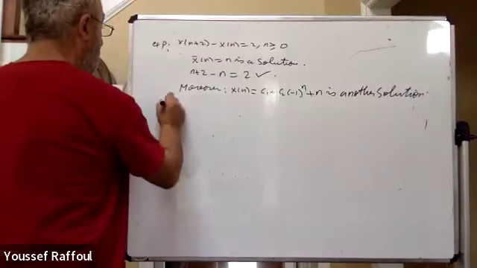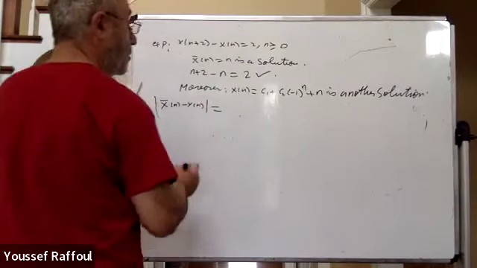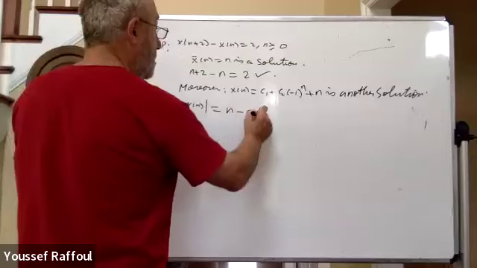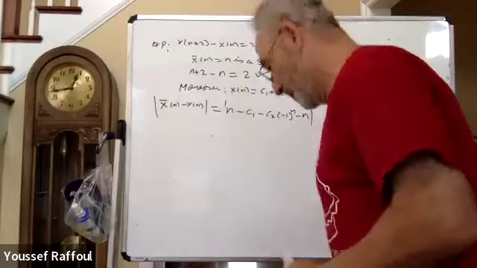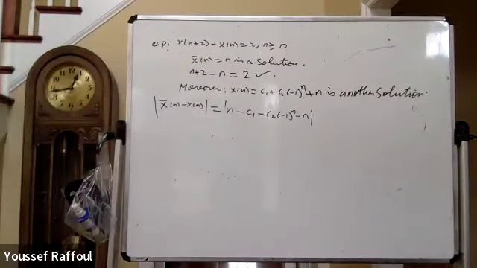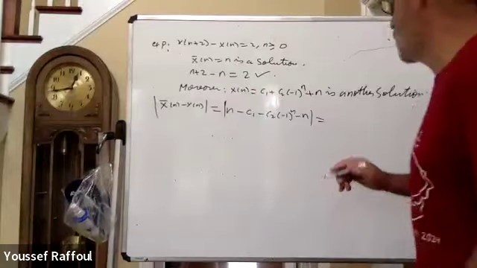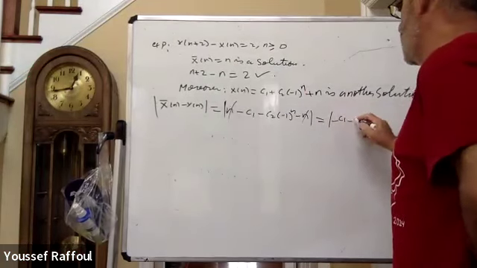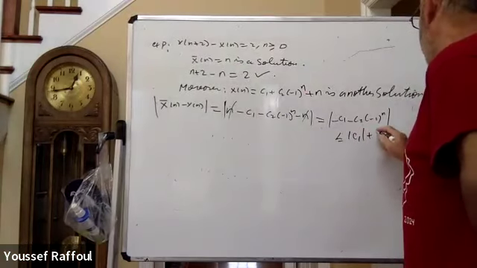And so x star of n minus xn equals n minus c1 minus c2 (minus 1)^n minus n, and that is equal to minus c1 minus c2 (minus 1)^n, less or equal to c1 plus c2.